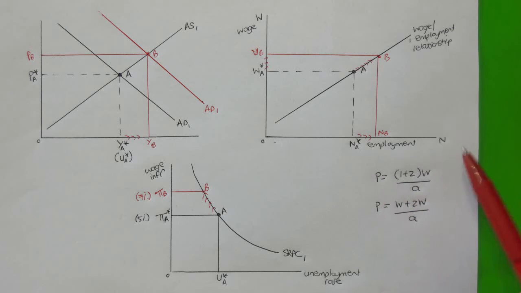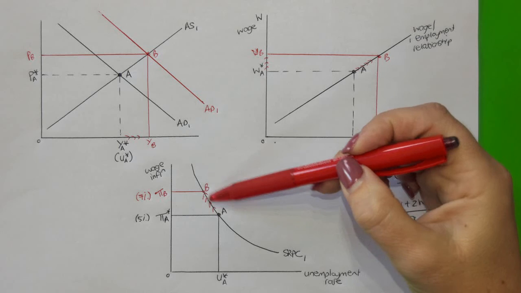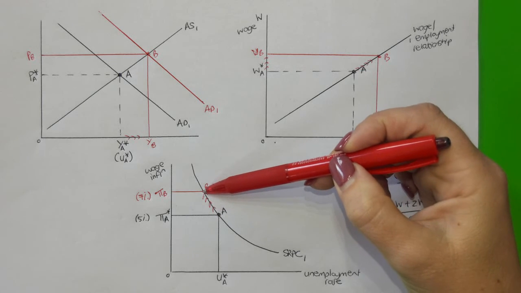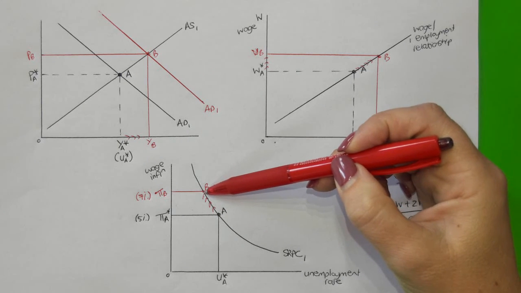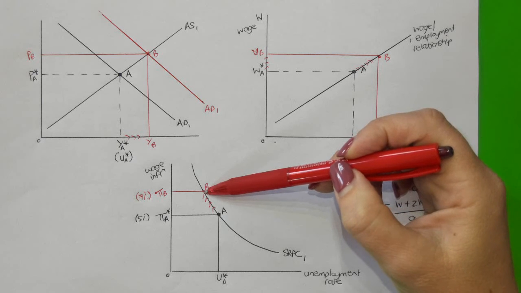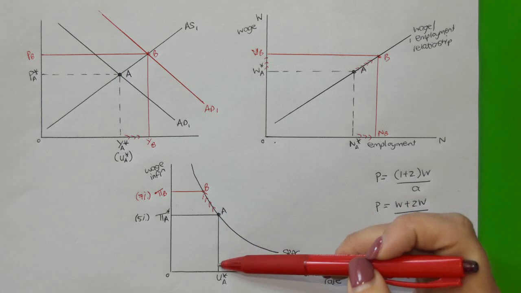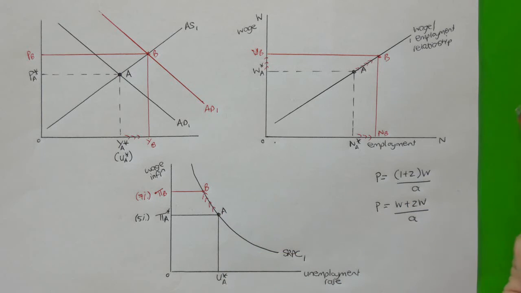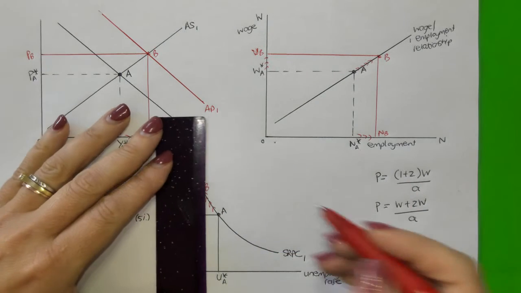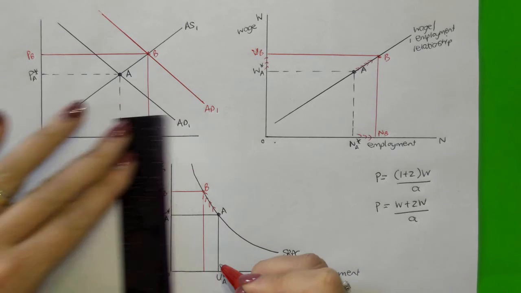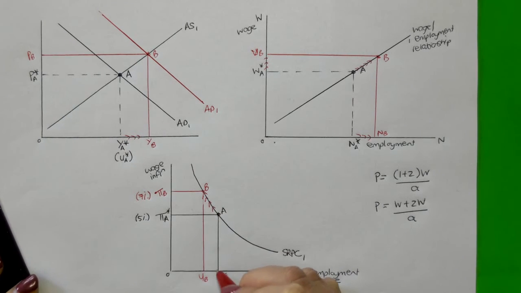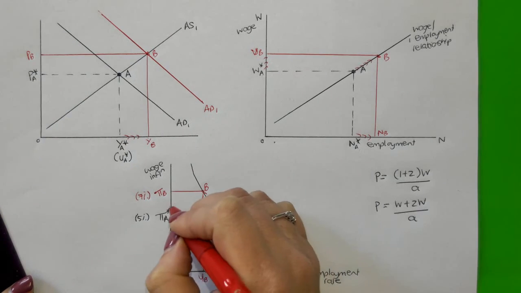In addition, this upward pressure on prices and wages affects the inflation rate. Inflation rate starts rising above the previously anticipated level of inflation. And in addition, what we have is the unemployment rate falling below the natural rate of unemployment.